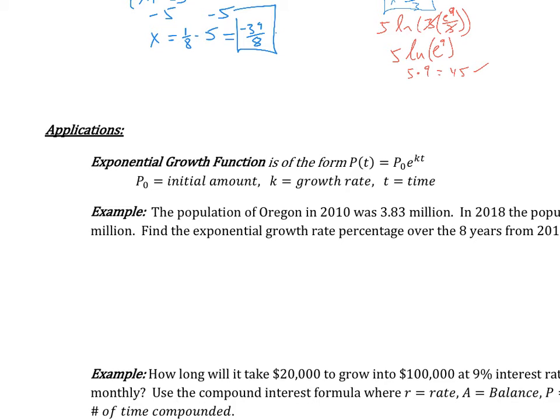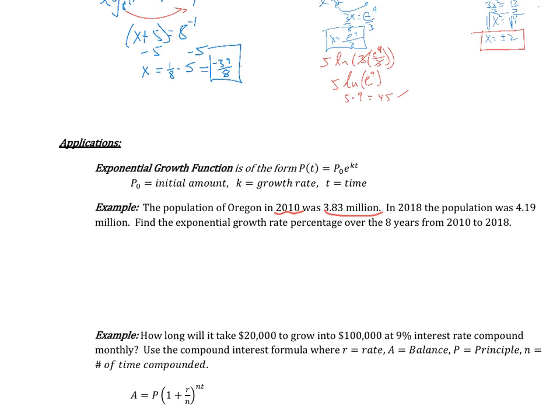The population in Oregon in 2010 was 3.83 billion, and in 2018, the population was 419 million. Let's find the exponential growth rate over the 8 years. What we don't know is k, so let's get everything in there except for k.